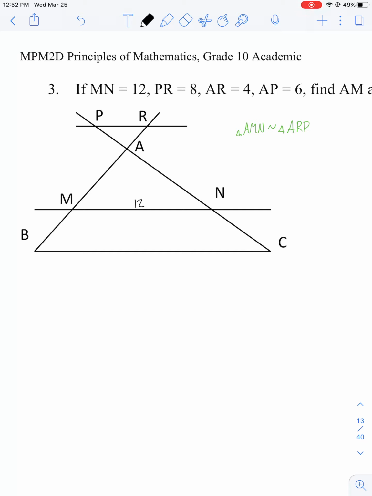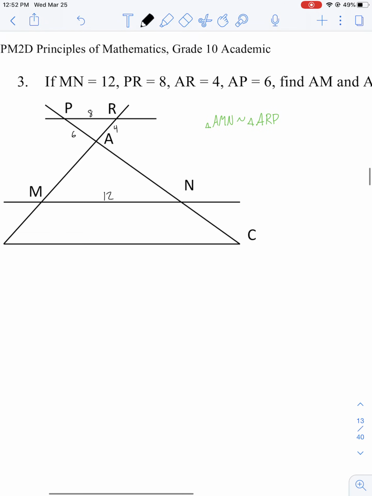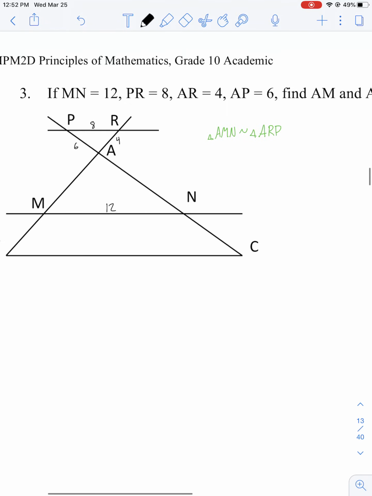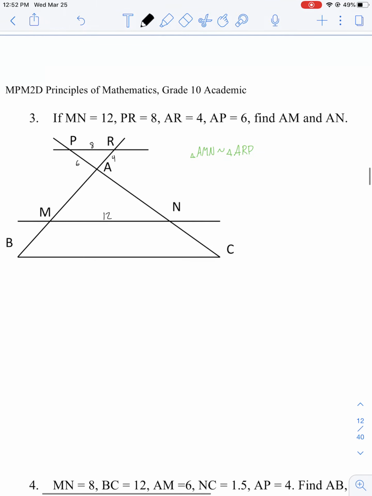PR is 8. So those are my bases, need to be in the same ratio. AR is 4. AP is 6. And we need to find AM and AN.